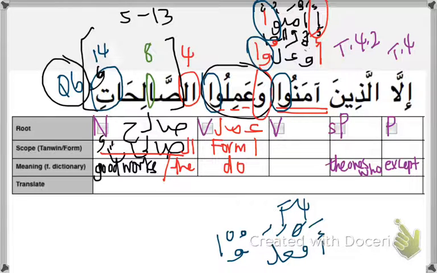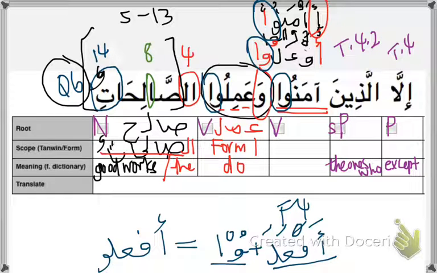Which means when af'ala plus waw alif, it becomes af'alu. That is the reason why you have amanu there. So based on that, we have identified that the form number is form number 4, IV.